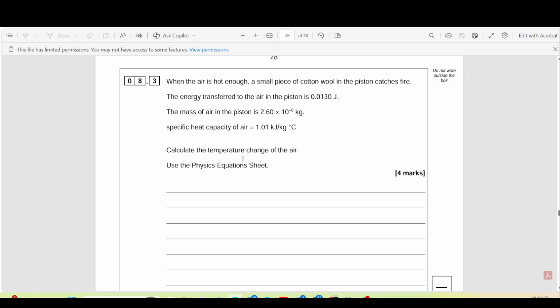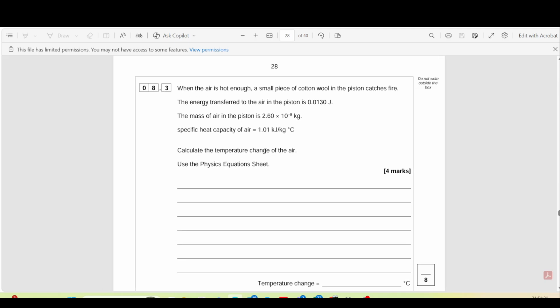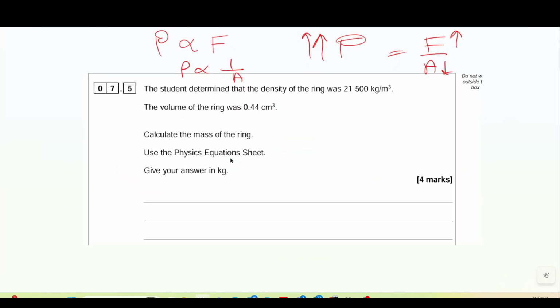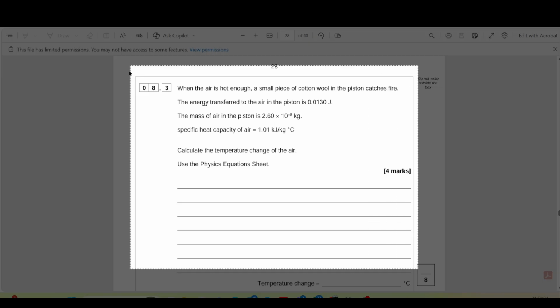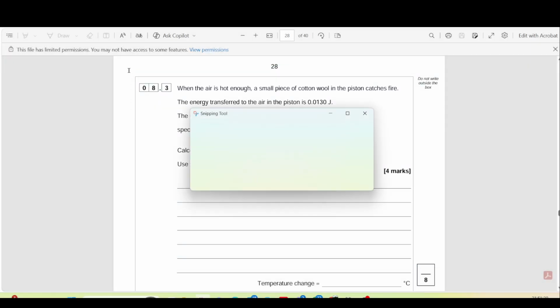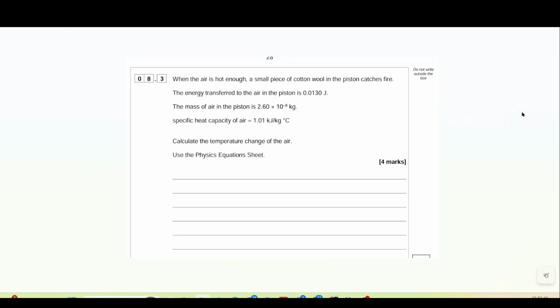Sometimes we use two equations: first we get one variable from the first equation and then use that variable in the second. Here, I think we have a direct formula. We need to find temperature change. Check which one has temperature change from the equation sheet, with energy, mass and specific heat capacity. Let me know the formula by looking at the sheet.